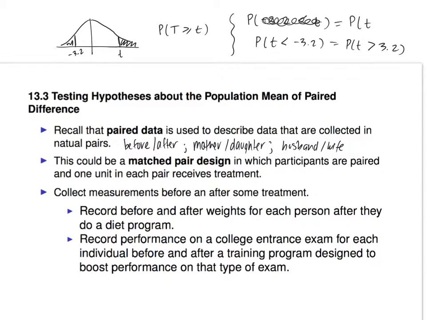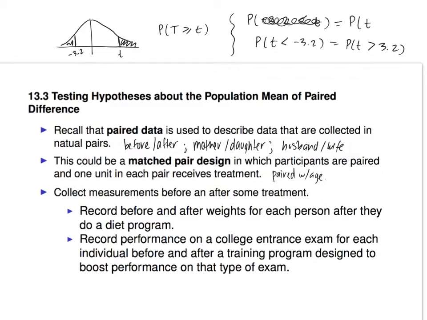Okay. This also could be a matched pair design, in which participants are paired and then one unit in each pair receives a treatment. There was an example where we paired with age. Does that ring a bell? You said, okay, we're going to do a memory test, and we're going to pair people based on being similar ages, so that age isn't a factor in this memory experiment.